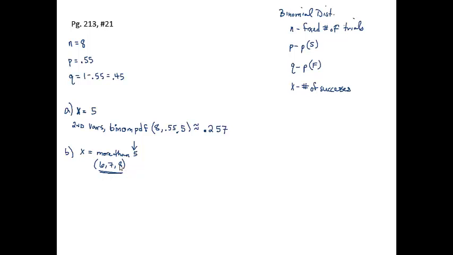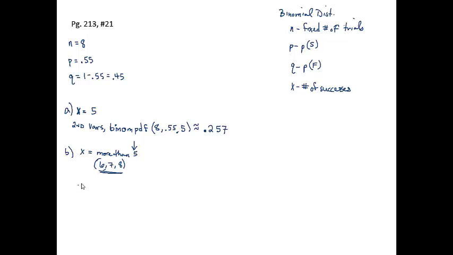Remember, when it's moving to the right, when it says more than or at least, you always want to do one less, but you want to make sure you write it out. It says more than 5. So what does more than 5 mean? 6, 7, 8. What's one less than 6? It's 5. So I'm going to put the 5 in there.